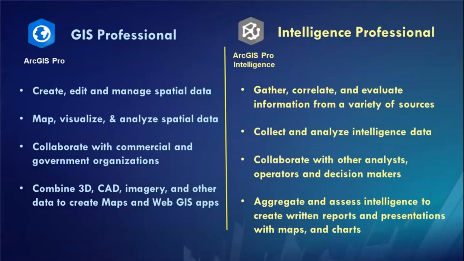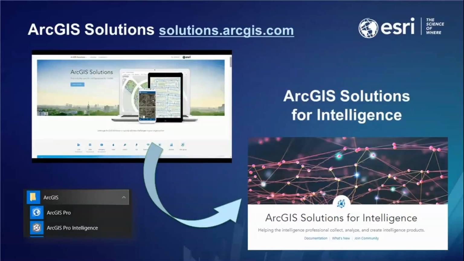So where do you get the information? For Pro Intelligence, it's available in our ArcGIS solution for intelligence web pages. And just last week, on November 10th, Esri launched a new ArcGIS solution web experience with improved documentation and information. So what are these ArcGIS solutions?